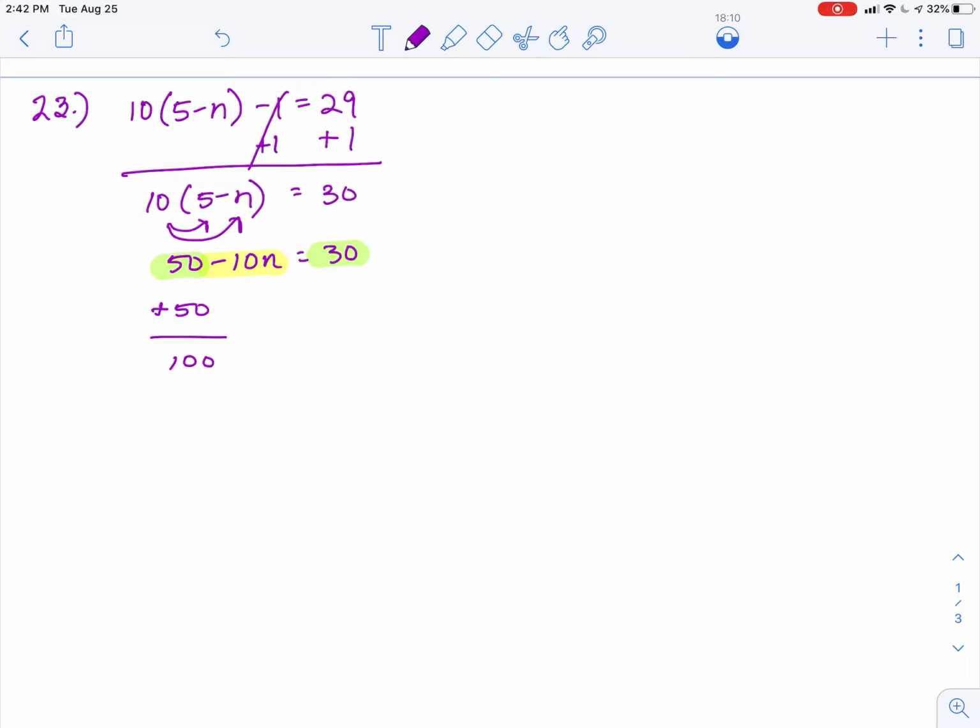No, that's becoming 100. So I've just put more on the left-hand side. I don't want to do that. I want to get rid of the 50. So if I already have 50, let's just take 50 away. On both sides, of course, because that's what the golden rule of algebra says. So what is left? I have minus 10n, or a negative 10n, equals, look here, different signs.